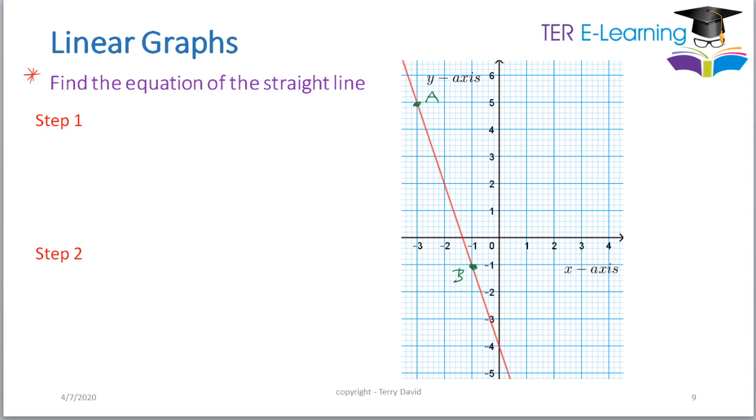So I see Tiana is saying minus 3, 5. Okay, so minus 3, 5 is A, yes. All right, so most of y'all, I gather you know how to read off a coordinate. So what is B? Minus 1, 1.